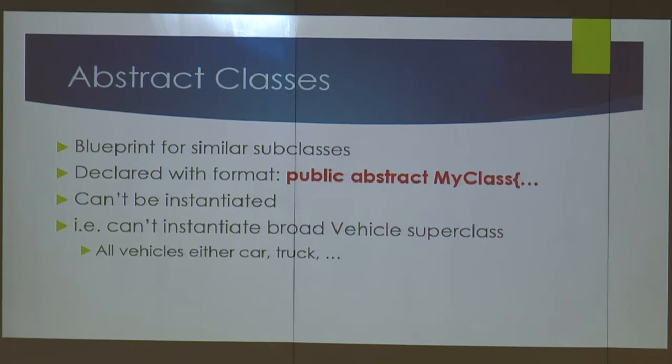So you would say something in the declaration like public abstract and then your class name. And since they're missing some sort of functionality and we're considering them abstract, that means the class can't be instantiated. So we can't actually make objects of the class. And that kind of makes sense because if it's missing functionality, we wouldn't want to then be making these objects that are missing functionality, because then there would be issues in our program and not everything would be complete.